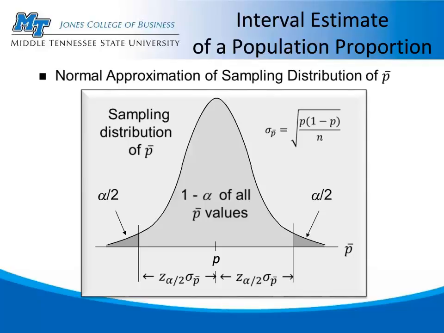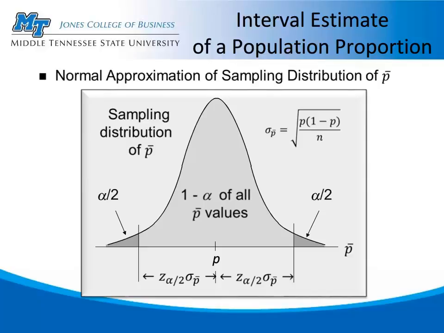So the best estimate that we can use is the value for P bar. So we're going to approximate the standard error of the proportion by taking the square root of P bar times 1 minus P bar over n, and we'll multiply that number times z to get our margin of error.